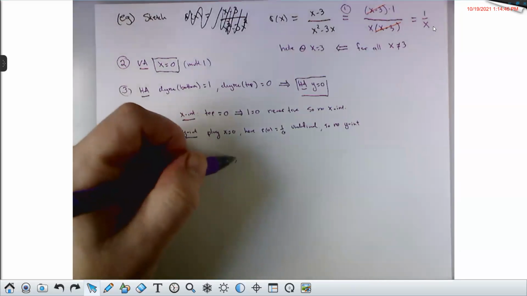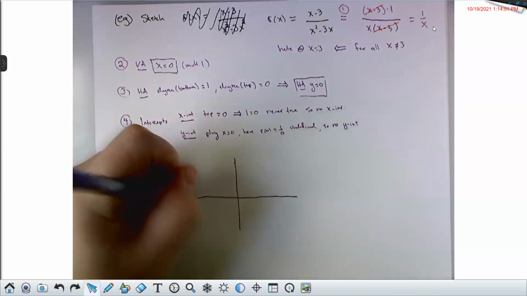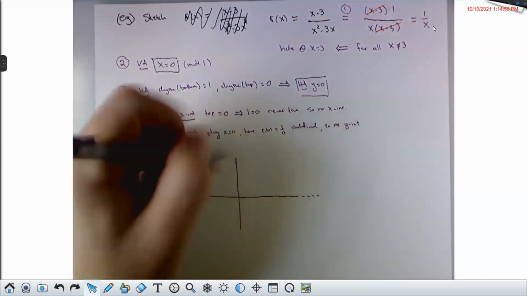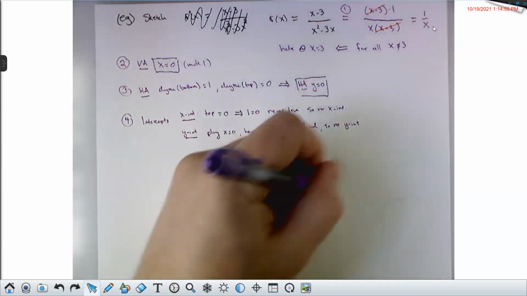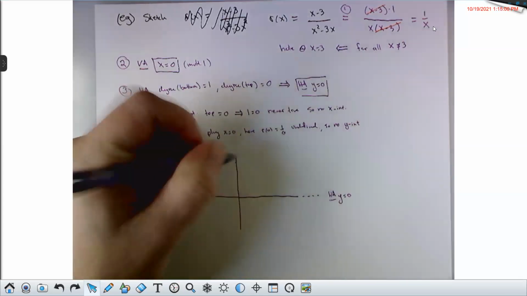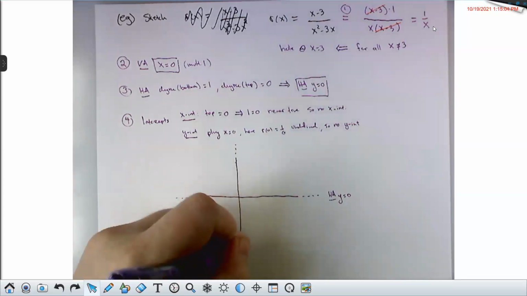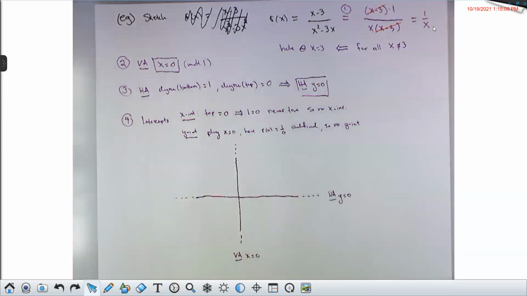So I can start drawing my graph. Unlike that last problem, I don't have a base point to get started with. Last time I used my y-intercept as a point to start figuring out the signs of the function in each of those regions. Here, because there is no y-intercept, I can't do that. So I should figure out at least one value of this function.